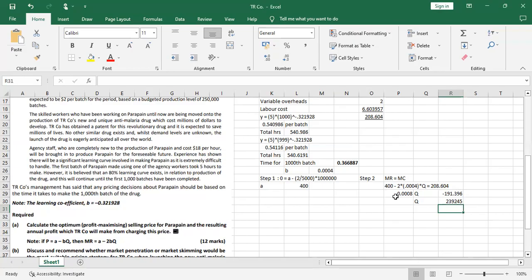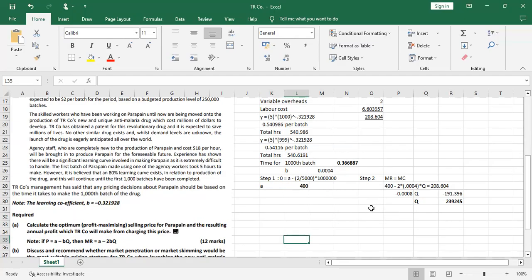Then we quoted this value minus 2 into 0.0004, which is minus 0.0008 Q, and then we deduct 208.604 from 400, because when 400 comes here, it will be in negative. And then we calculated the Q, and the optimal quantity is basically 239,245. Your A is 400.